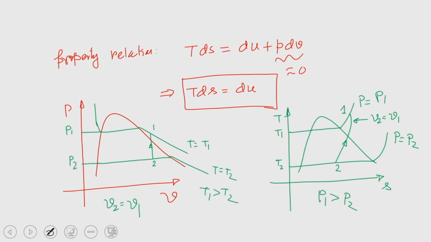Now, if you would like to summarize today's lecture, we have discussed the necessity of framing the mathematical formulation of the combined first and second laws, which will be applied to any processes.